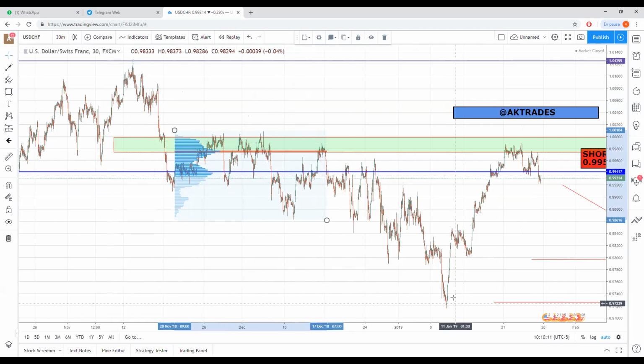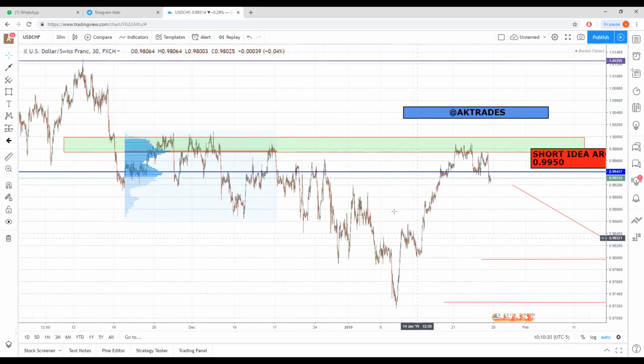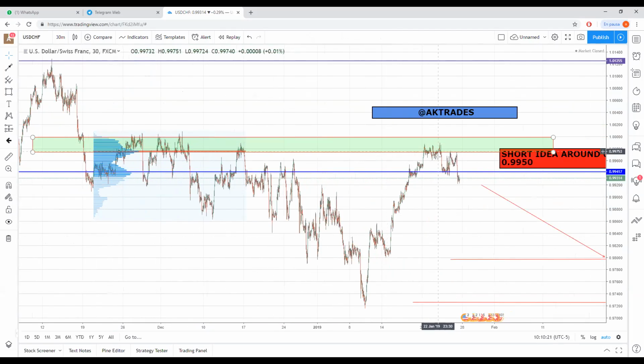Before this down move, price had recovered and gone again to the point of control of this volume profile. As we see, this was rejected, there was a little down move, and it was rejected again. So this gives you a good indication that the sellers are defending their selling positions from here.